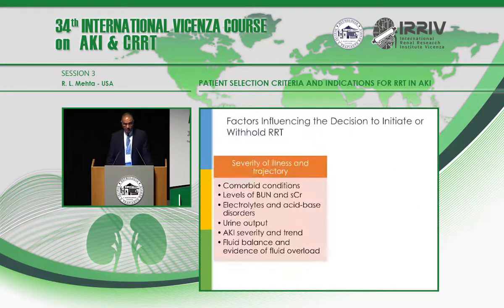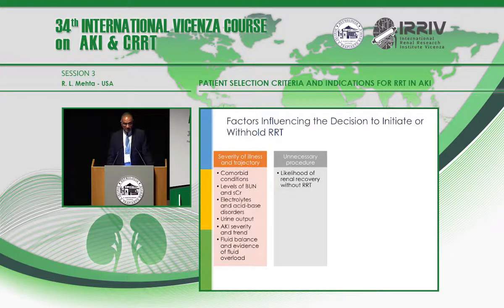So how should you view this? One of the ways to think about it is that we need to think about all the various things which go into influencing the underlying elements. Most important is the severity of illness and trajectory.